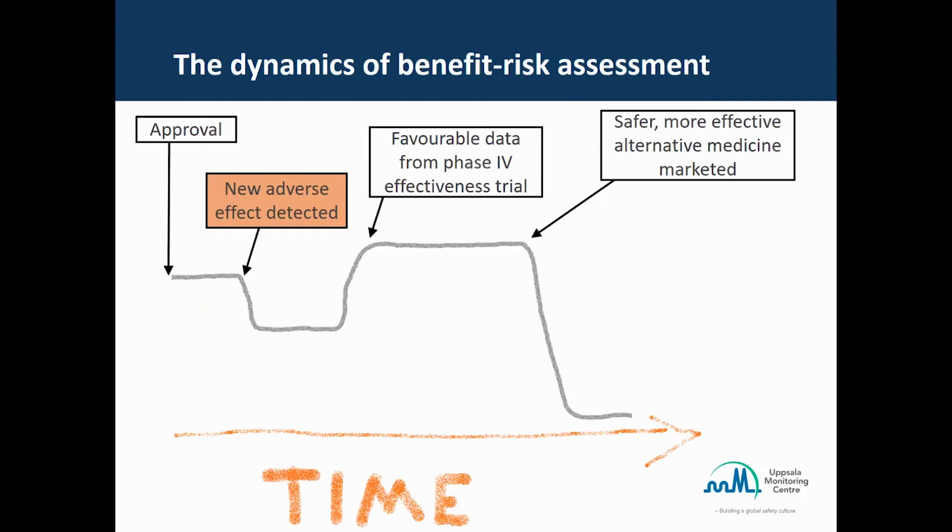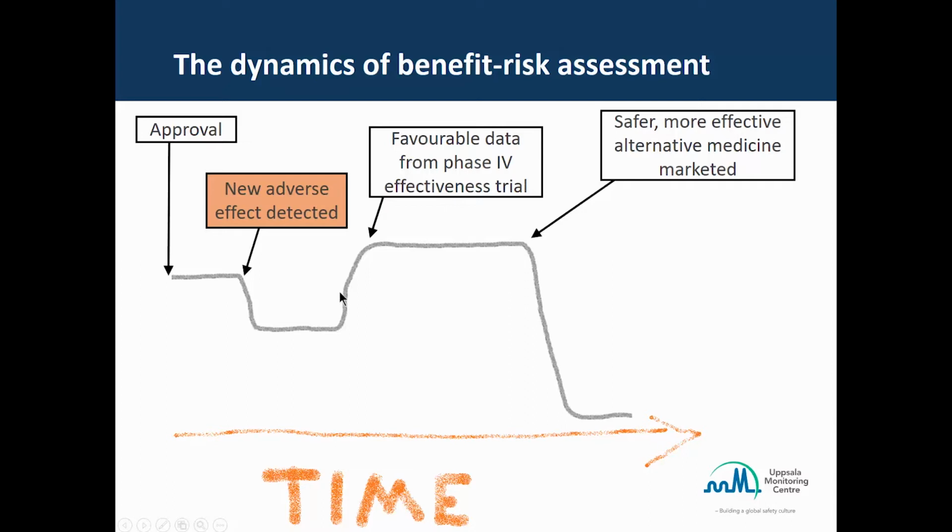Now, one aspect that is easily overlooked is that benefit risk assessment is not a static thing. It's a very dynamic process. And at each point in time, the assessment is conditional on the currently available information. So this sketchy figure here shows you just a few examples of how our understanding of a medicine's usefulness can change over time.